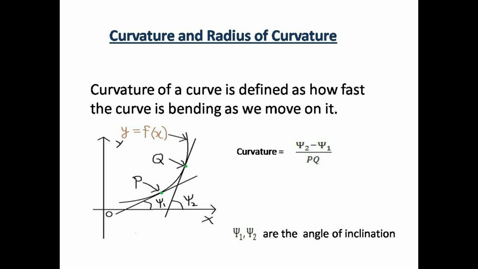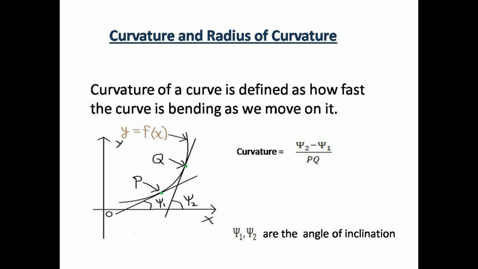One thing that we notice is that as we move from point P to Q, the inclination angle changes. Well, what is this term? Let me explain. At point P, I have drawn a tangent to the curve. The angle that this tangent makes with respect to the x-axis in the counterclockwise direction is shown as psi 1.